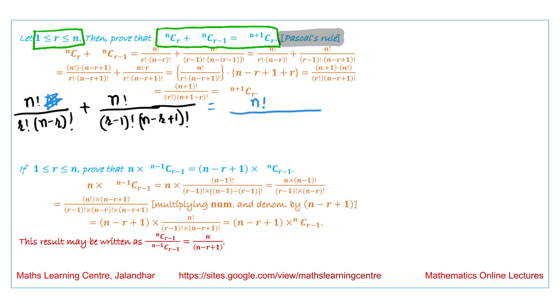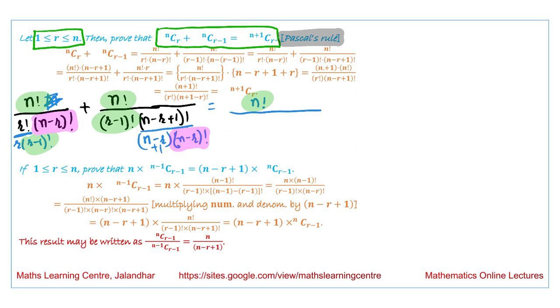In the denominator, this term we can write as r into (r minus 1) factorial, and this term we can write as (n minus r plus 1) into (n minus r) factorial. So we have taken n factorial common, (r minus 1) factorial common, and (n minus r) factorial common.